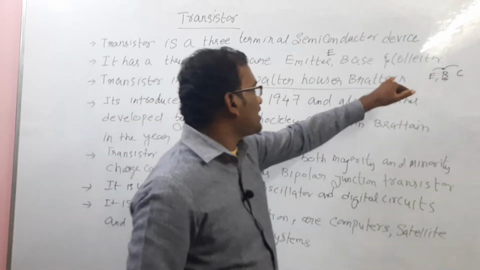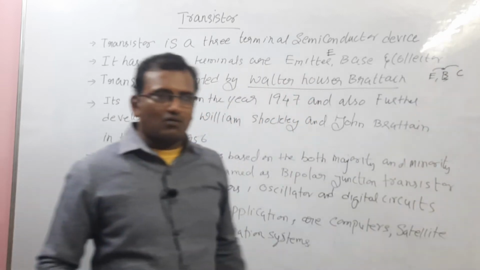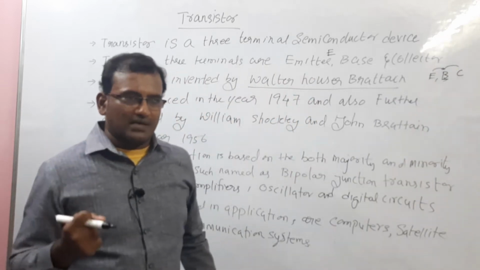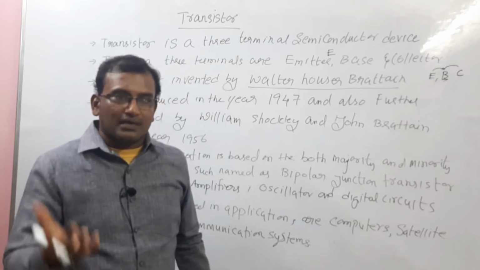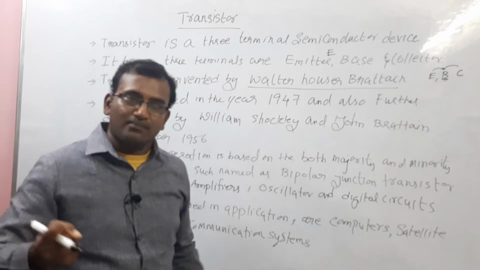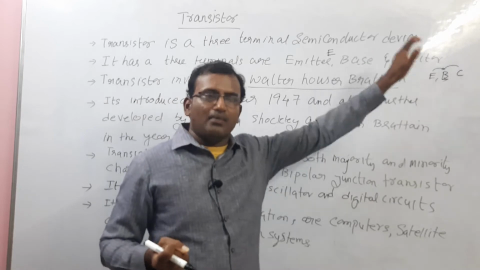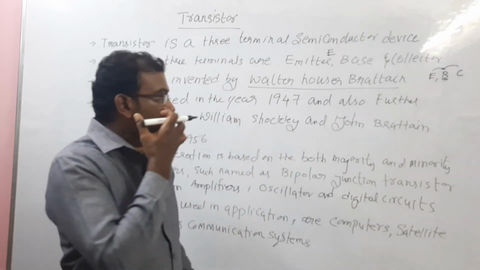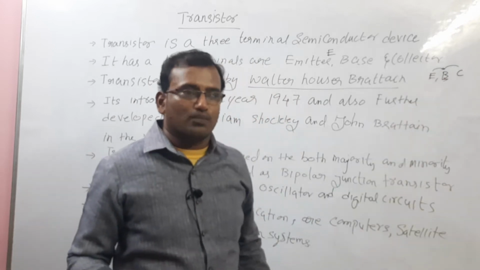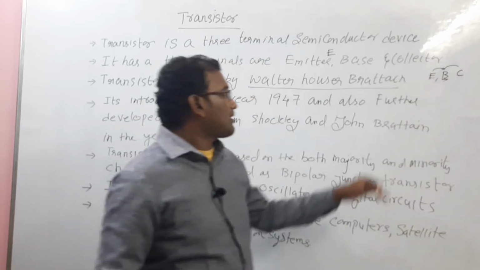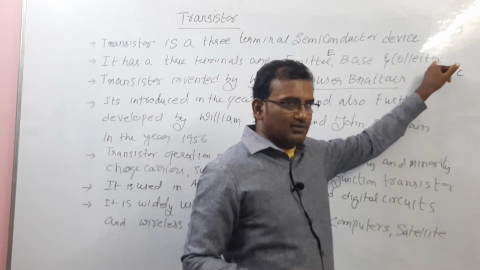Okay. And finally, the collector. What is the function of the collector? The collector accepts the charge carriers, or collects the charge carriers, from the base terminal. So that is the function of the collector, and the collector is moderately doped. Compared to the base, it is higher.